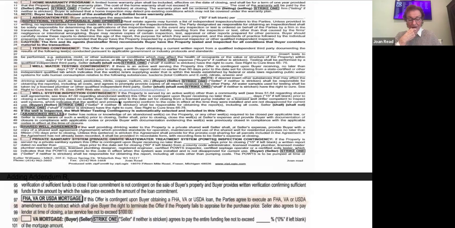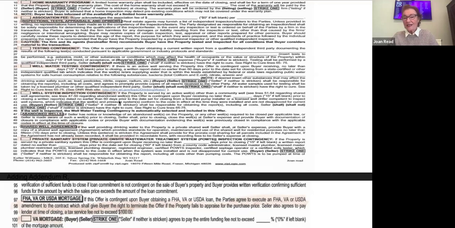If you're talking about appraisals, this is something that they're talking about whether they are ready for people to see. And then there's a caution there: the firm and its agents recommend buyer have the property tested and inspected for all conditions that the buyer considers material to the transaction.